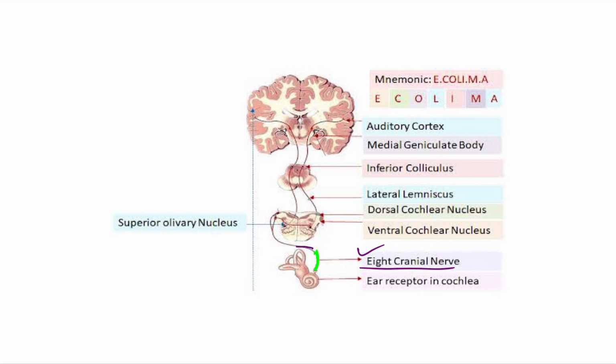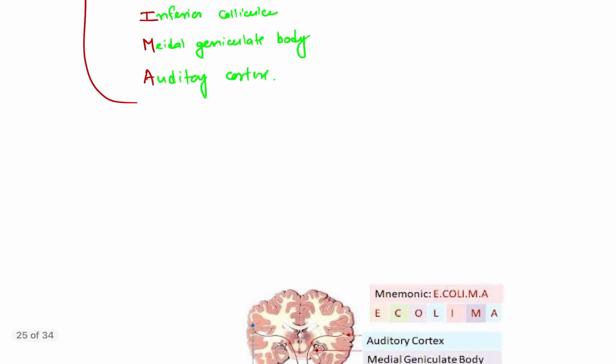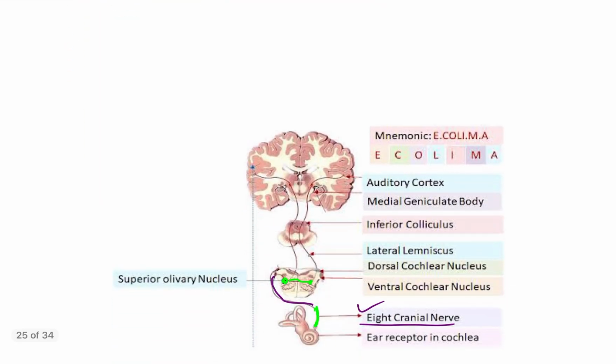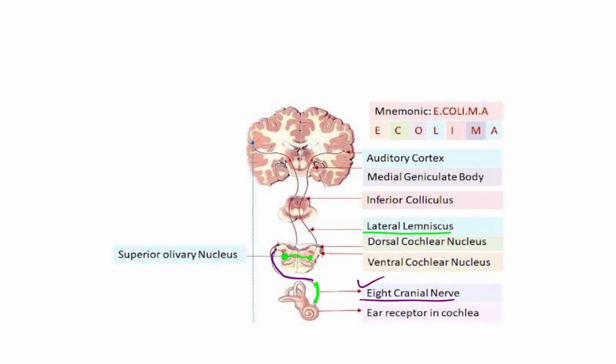Then the 8 cranial nerve goes to cochlear nuclei, then superior olivary nucleus. From the bilateral superior olivary nucleus, it goes to lateral lemniscus. After lateral lemniscus, inferior colliculus.